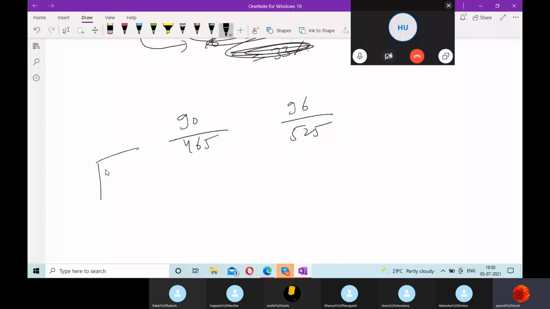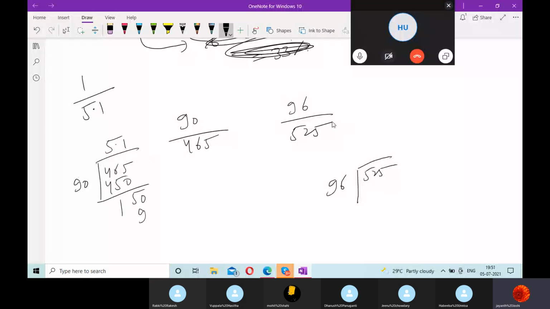Let us divide 465 by 90 and 525 by 96. 9 5s are 45, so 5.1.